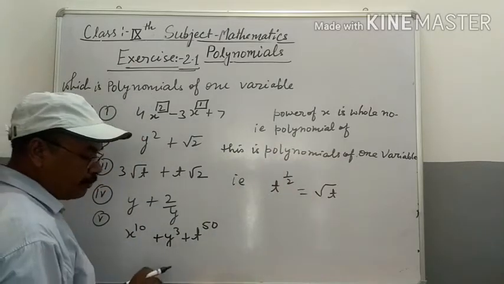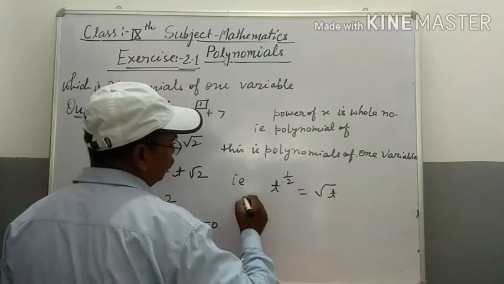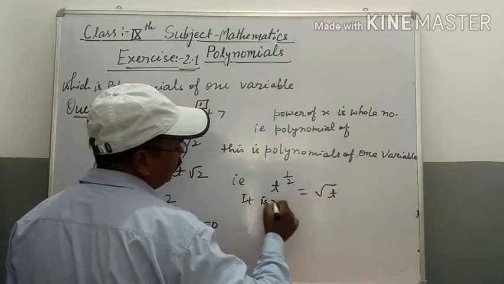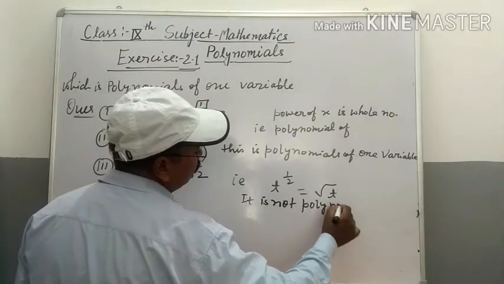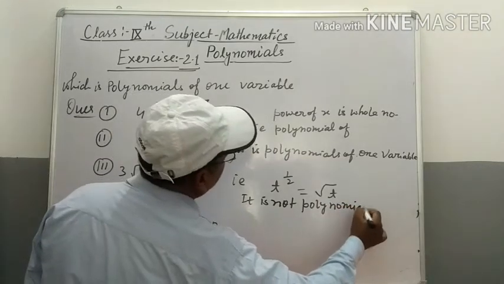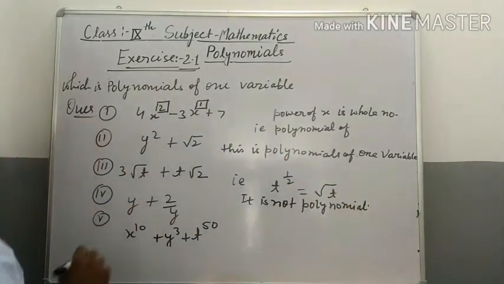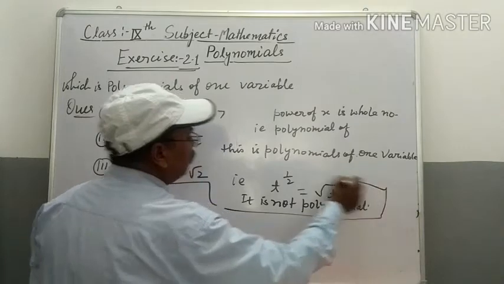This is not a polynomial. What is the reason?